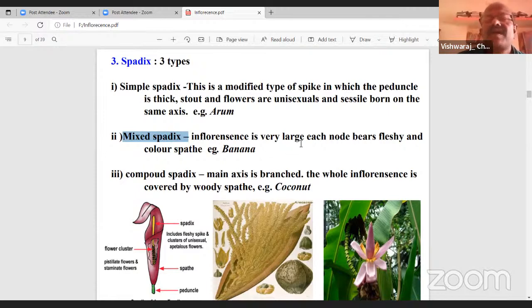In banana inflorescence, the node is very large, with a fleshy and colored spathe. Then mixed spadix: compound raceme, main axis is branched. The whole inflorescence is covered by woody spathe, wood-like spathe. Example: coconut.